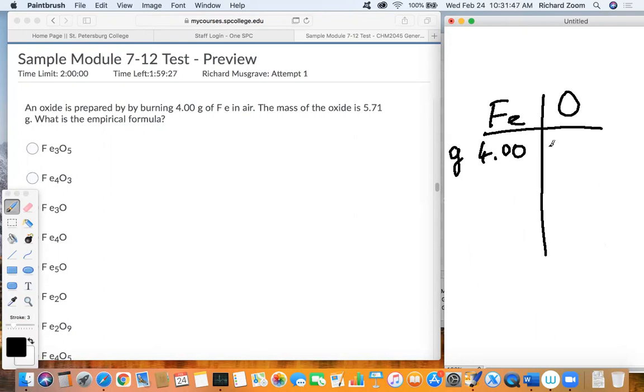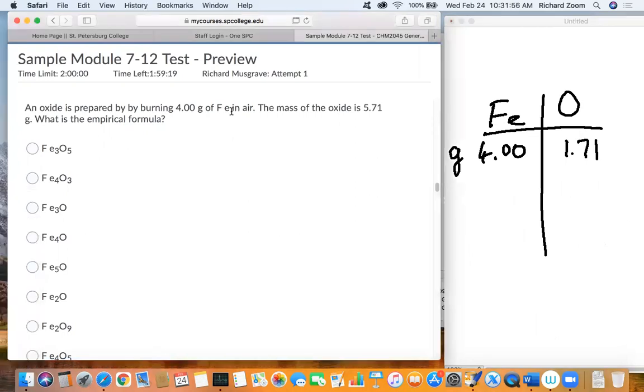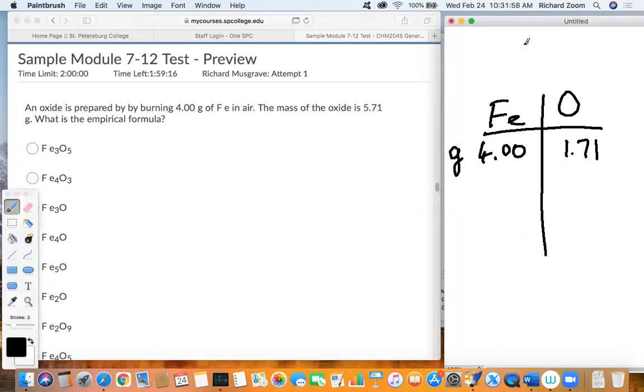Now the grams of oxygen is 1.71, which is the difference between the oxide and the iron itself. This is because the oxide is everything that includes the oxygen. So if you've got the iron, then we have to take out the iron to get the oxygen in there.